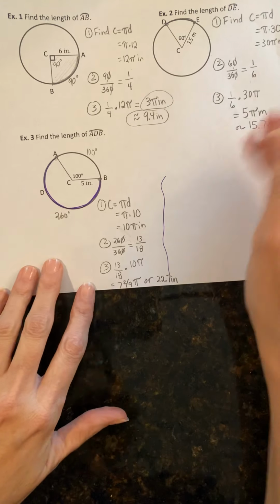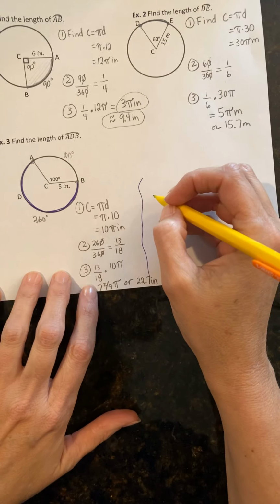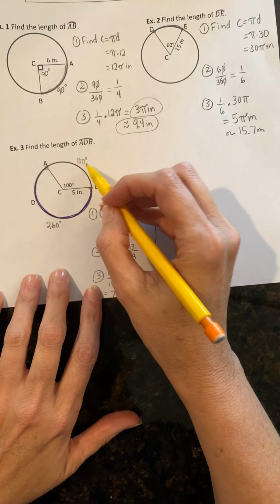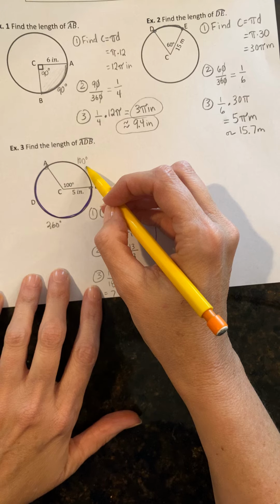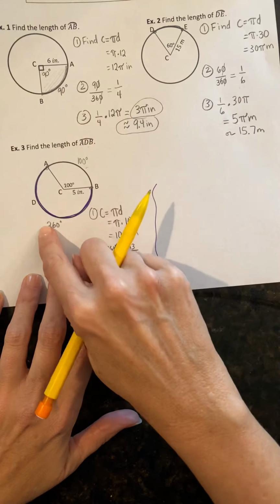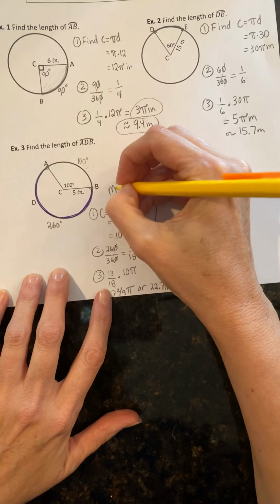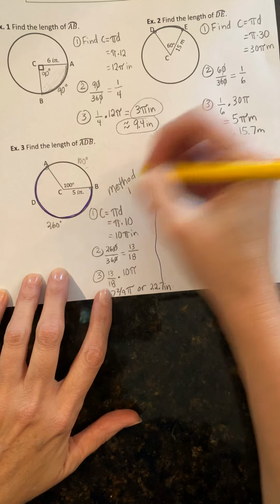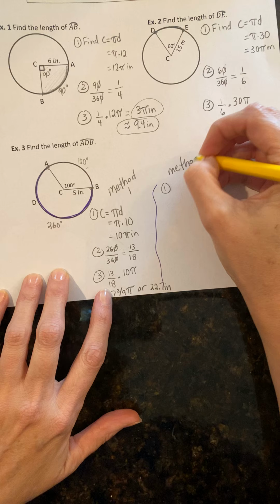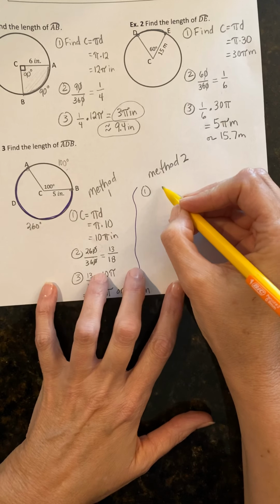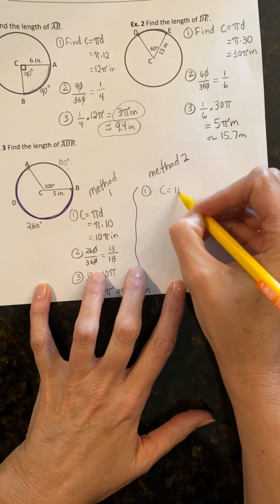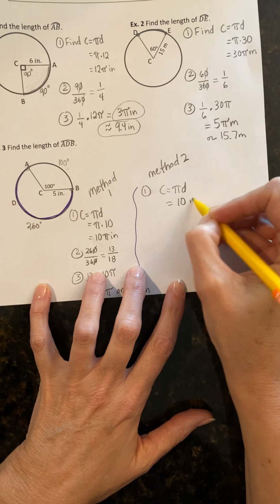That's one way to do it. Now, another way to do it is to find the length of this arc and then take it from the whole circumference. So I'll show you what I mean. This is just a second method. So method 1, method 2. So find the whole circumference, which we already did just a minute ago, pi d. We found it to be 10 pi.